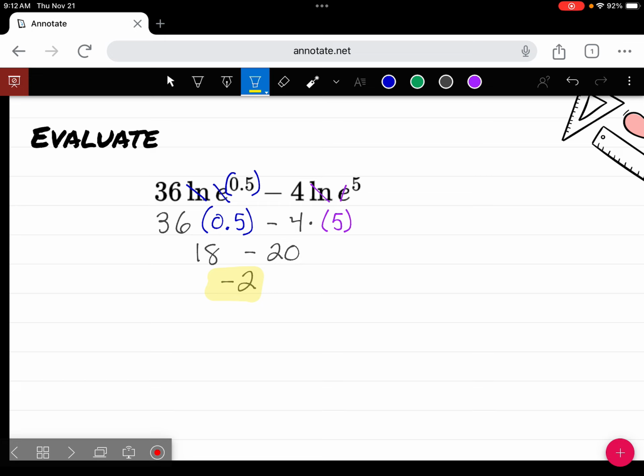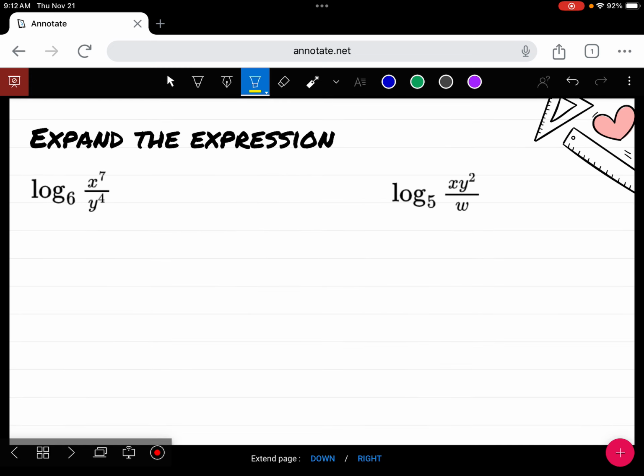So expanding means I'm going to give you a log statement, and we are going to make it as big as physically possible. We want only one piece after a log of each term. So I give you log base 6 of this statement, and we want to expand as much as possible, which means every time we write a log, when we get all the way to the end, it should just have our log base b of one single thing.